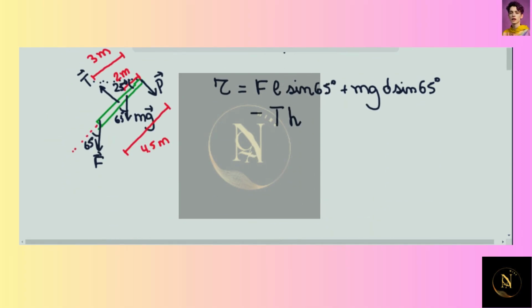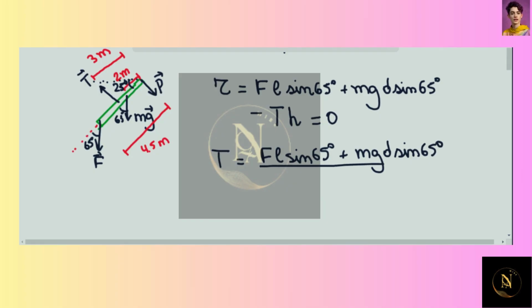And notice that here the angle is just 90, so the sine of 90 is 1. I wrote it with a minus sign because by the right-hand rule, it's pointing in the clockwise direction. And this must be equal to 0. So T is FL sine 65 plus mg d sine of 65, divided by h.